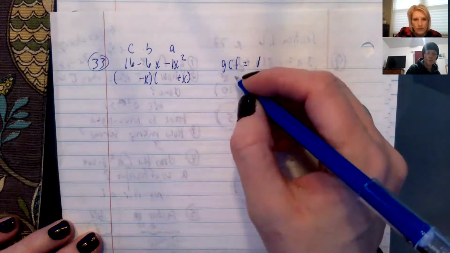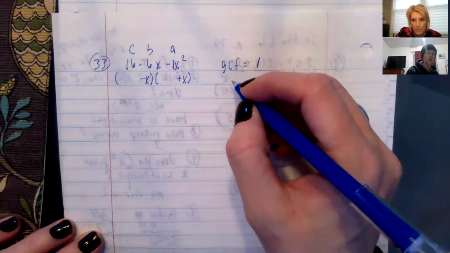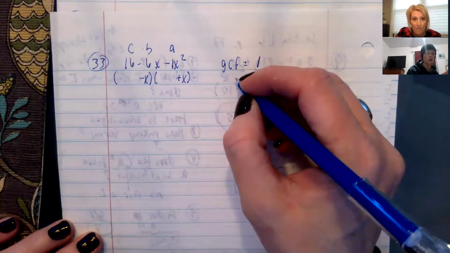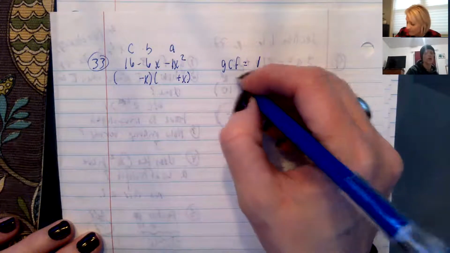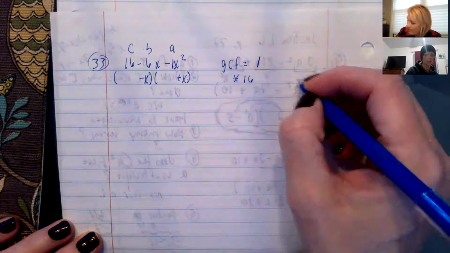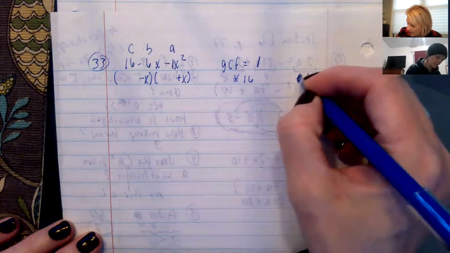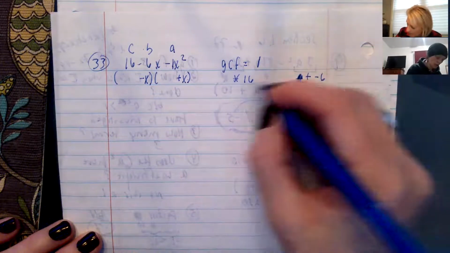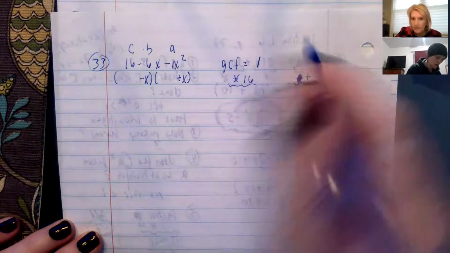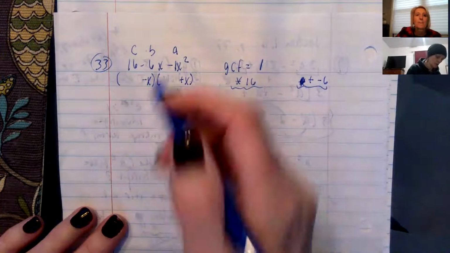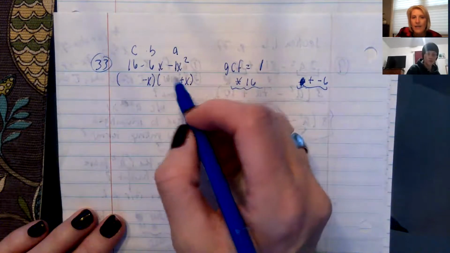Now this is where you have to try and find the 16, and then it has to add up to this -6. So it's going to add up to a -6. And we have this -1 here.